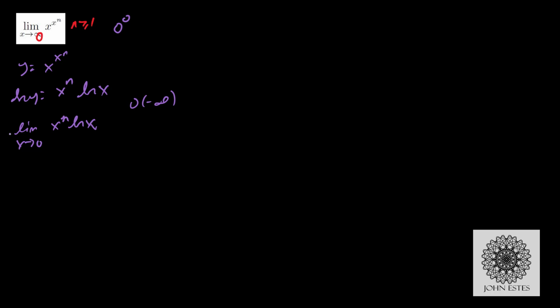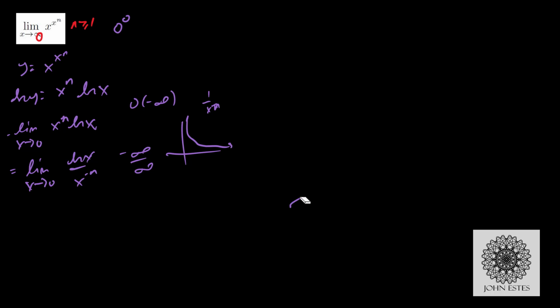And so I'm going to rewrite this as the limit as x approaches 0 of ln x over, instead of saying 1 over x to the n, I'm going to say x to the negative n power. And now this is negative infinity over infinity, because 1 over x to the n power graphs like this. And as I get close to 0, I go up to infinity. So now this will allow me to use L'Hopital's rule.